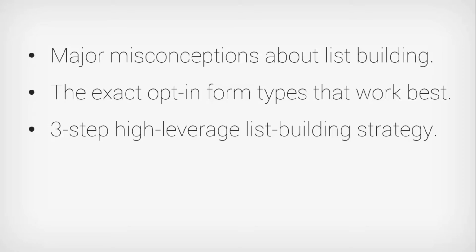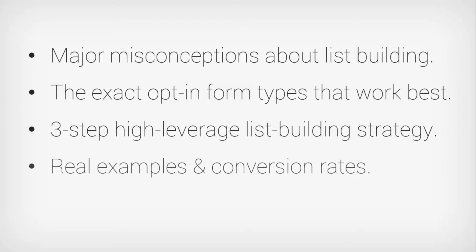But we're also going to look at this 3-step strategy, because I know you can't always process everything from a 60-minute webinar. It's going to be a lot of information. So I also want to give you this 3-step strategy as something you can hold on to and do right away, as the simplest and most effective thing you can do.